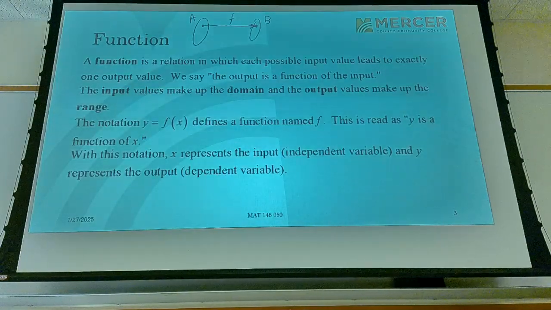So this one element can't go to two of them. But that's fine. You have two inputs going to the same output. That's fine.